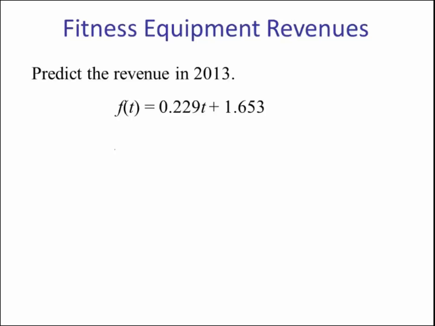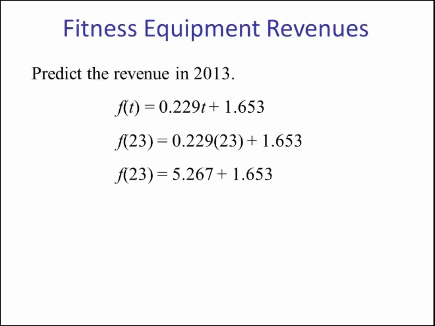So that means T is 23. To find F of 23, we substitute 23 in for T and compute. First we multiply and we get 5.267 plus 1.654. Last we add and we get 6.92.